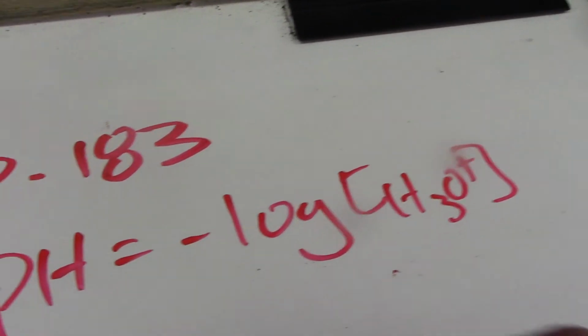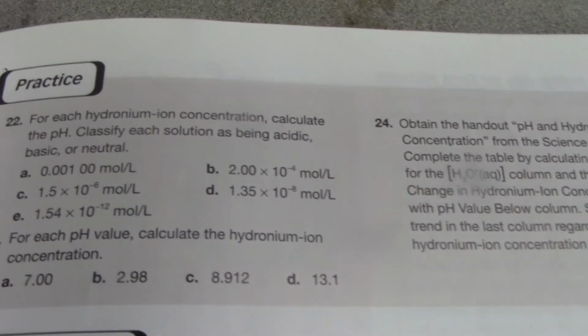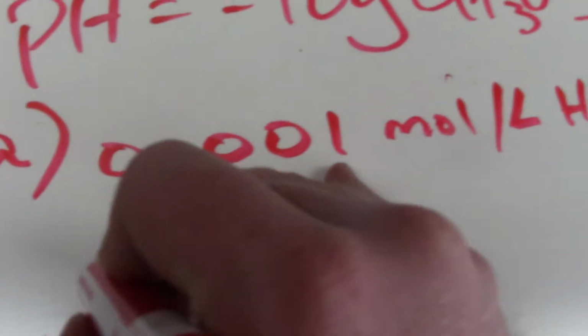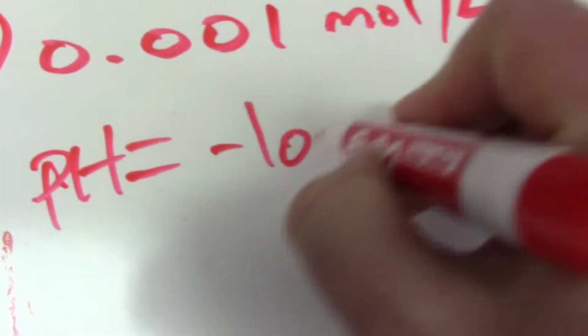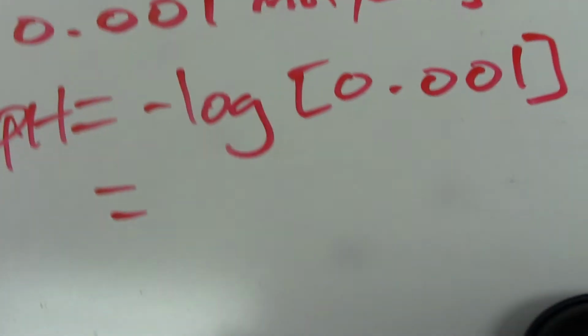So this is number 22, and A is 0.001 moles per liter H3O+. Let's walk through what we need to do with this calculator. pH equals the negative log of 0.001 moles per liter. Okay, so let's solve for that.